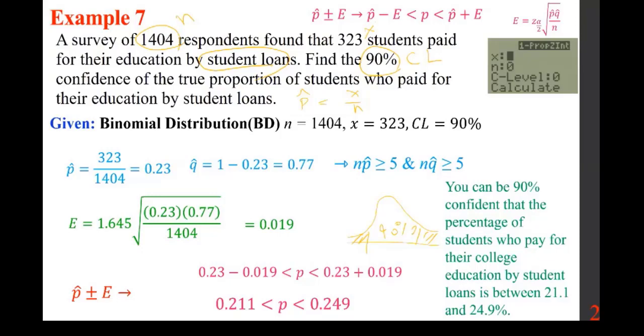So you can be 90% confident that the percentage of students who pay for their college education by student loan is between 0.211 and 0.249, which means 21.1% and 24.9%.